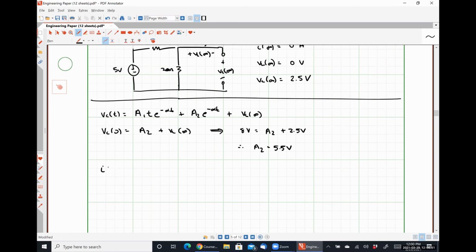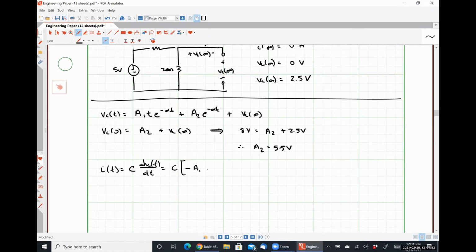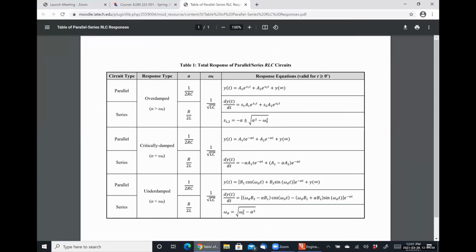Our current I of T will be of the form C dVc by dt, which is going to be C multiplied by negative A1 T e to the minus alpha T plus, I think it's A1 minus alpha A2, yeah.